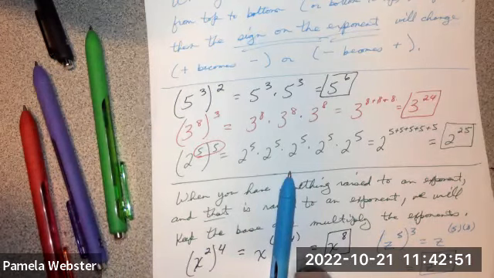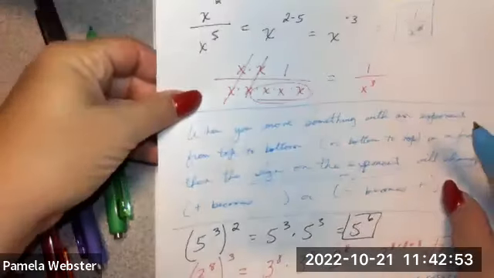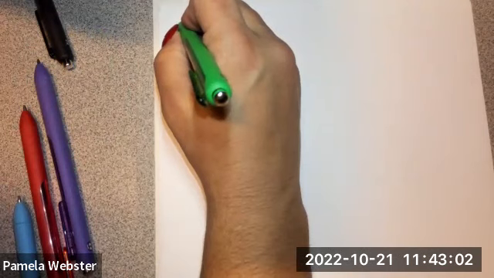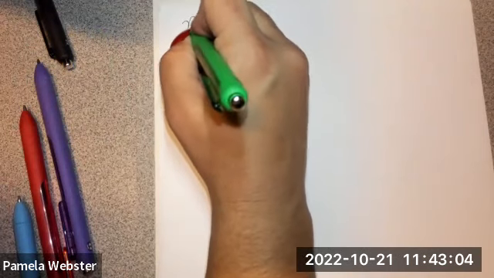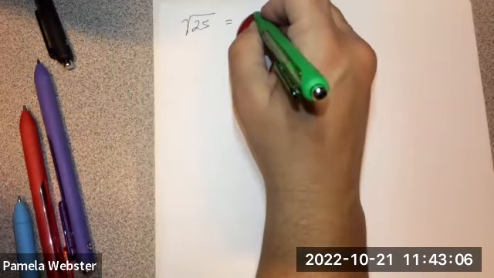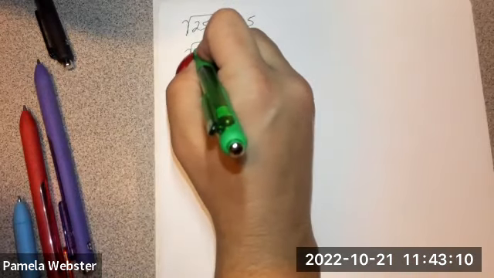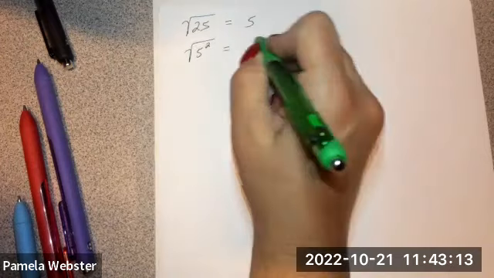All right, so there is one more exponent rule I want to make you aware of, and that is one with a fraction. So for instance, if I had the square root of 25, we know that's 5, right? Let me rewrite this though as the square root of 5 squared.